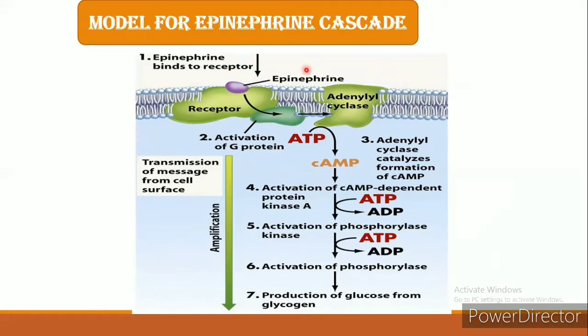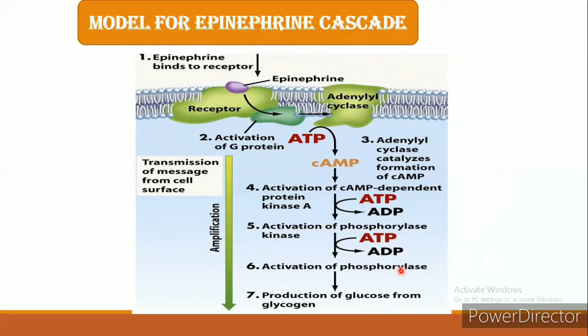Okay, this is the model for the epinephrine cascade. In this, epinephrine triggers a series of reactions in the hepatocyte in which one catalyst activates another catalyst. This catalyst activates the next catalyst, and again this catalyst activates another catalyst.